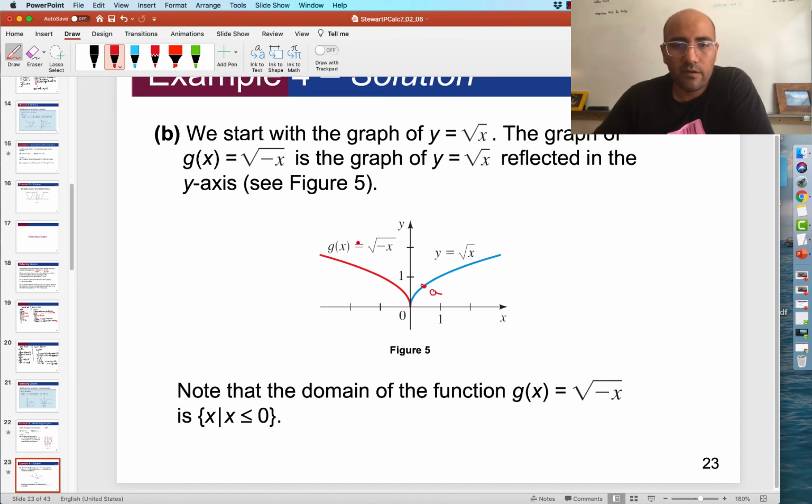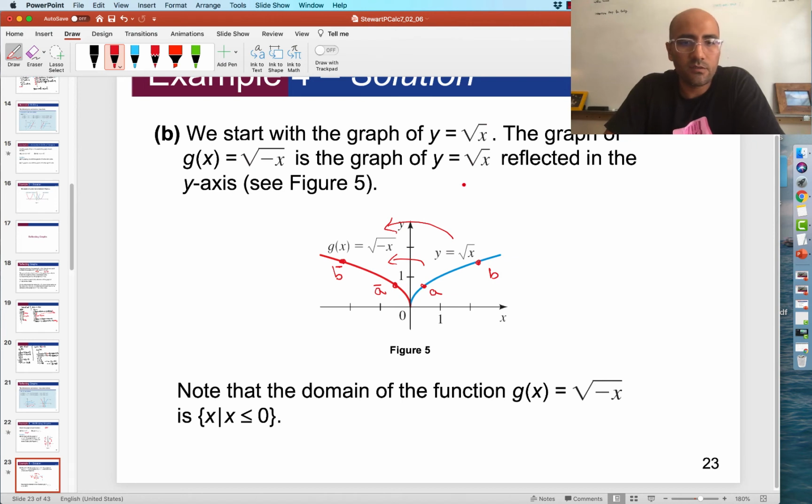This point here gets shifted over to a point over here, A bar, and a point over there, B, gets shifted over in this direction to become a mirror image across the y-axis, so it becomes like that one, B bar, under the influence of g. Good. So this is a mirror image reflection across the y-axis.